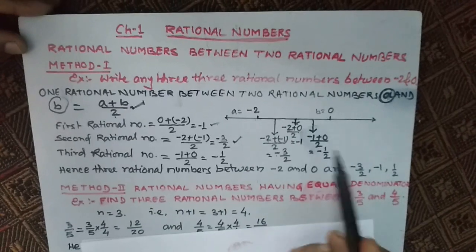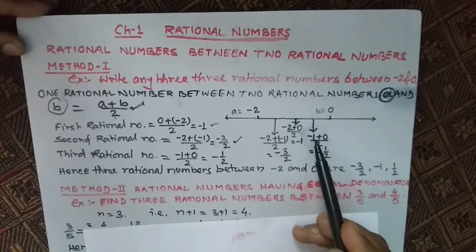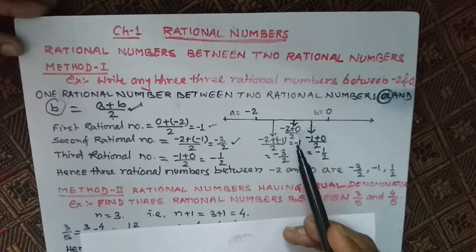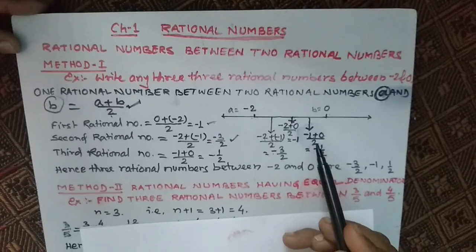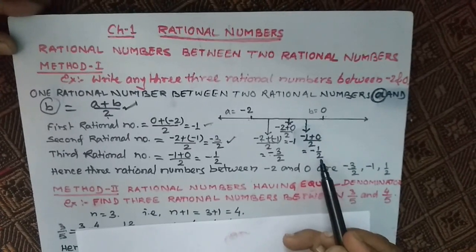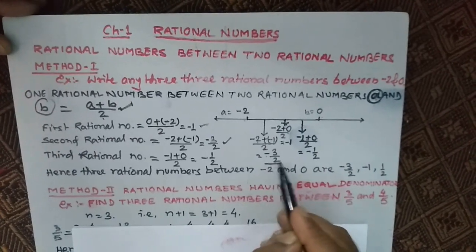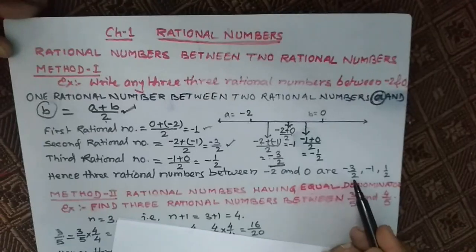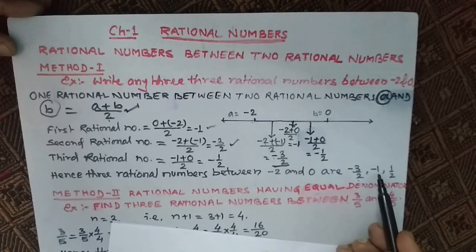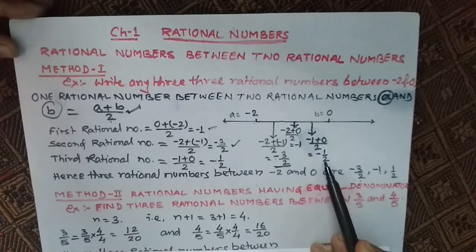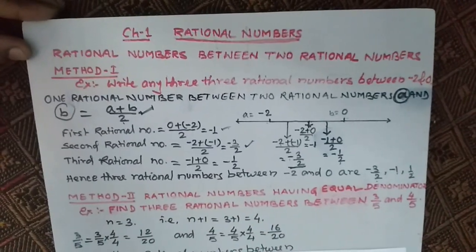And the third number, here it is -1, and here it is 0. (-1 plus 0) divided by 2 is -1 by 2. Then the three rational numbers are: first, -3 by 2; second, -1; and third, -1 by 2. These are the three rational numbers.